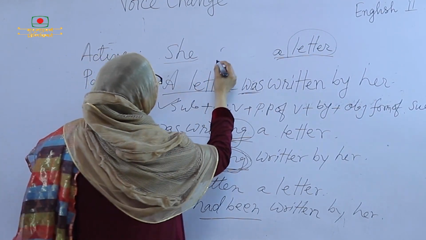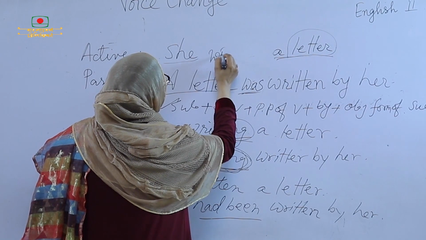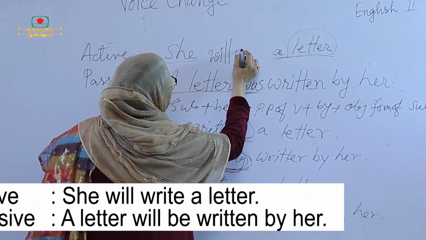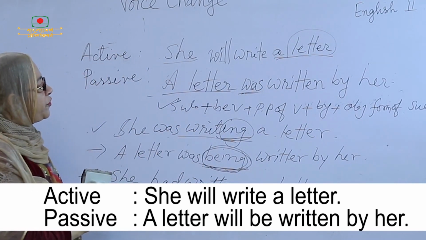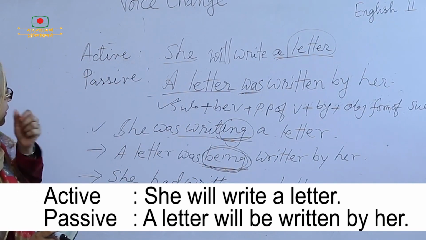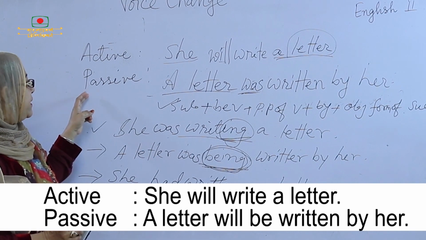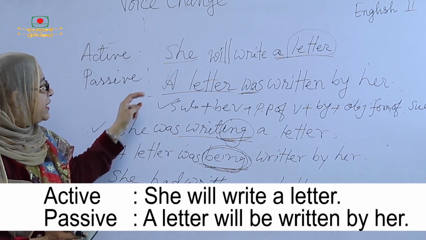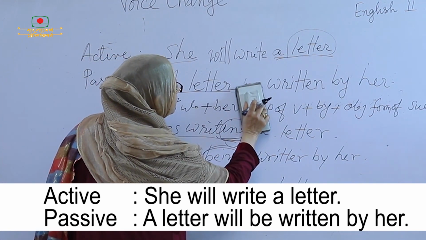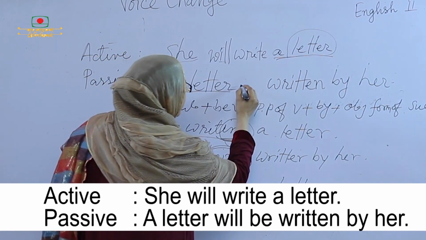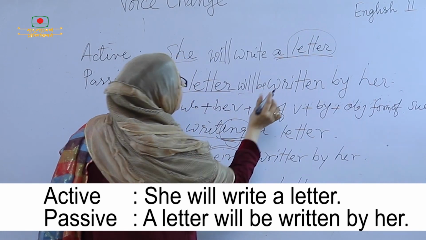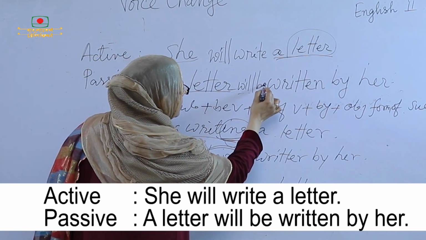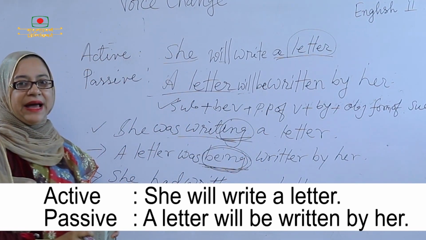Be attentive. She will write a letter. This is a future indefinite form of a sentence. When I turn it into passive, I use "a letter will be". A letter will be written by her.